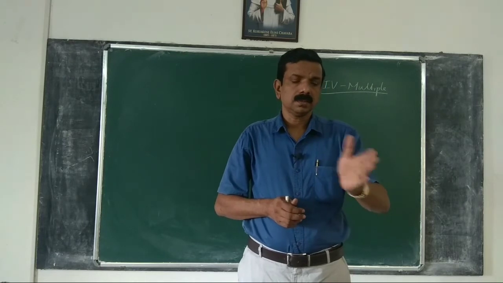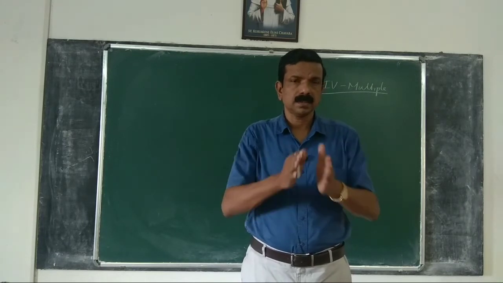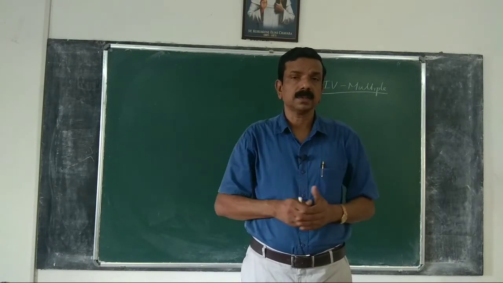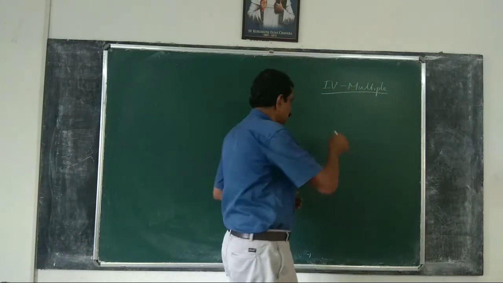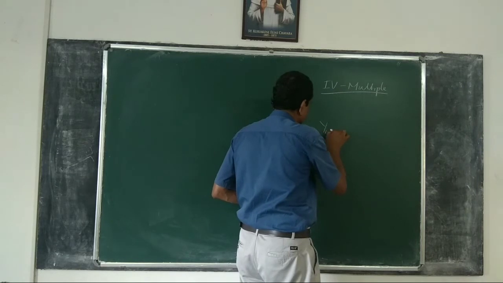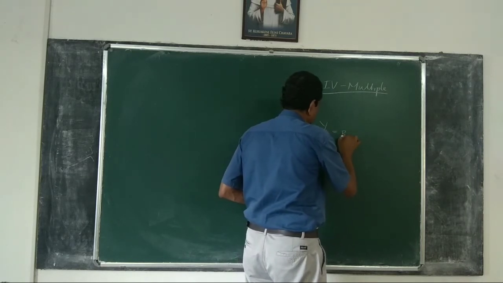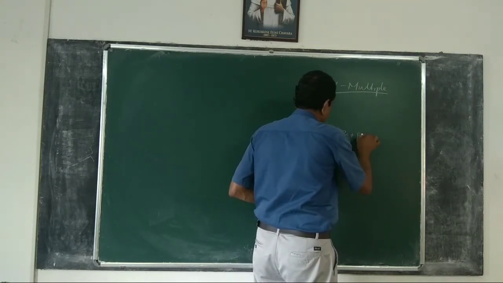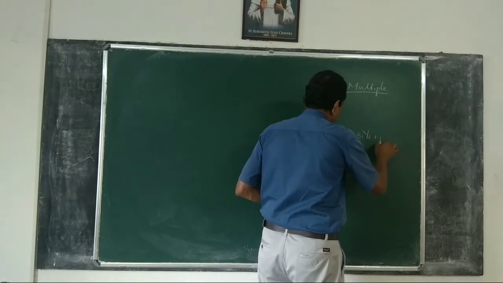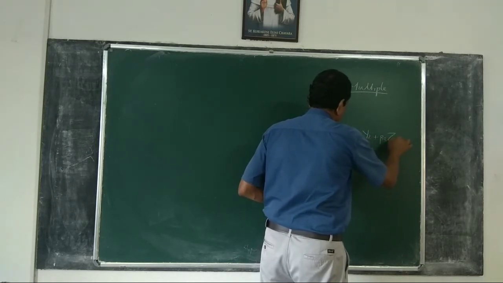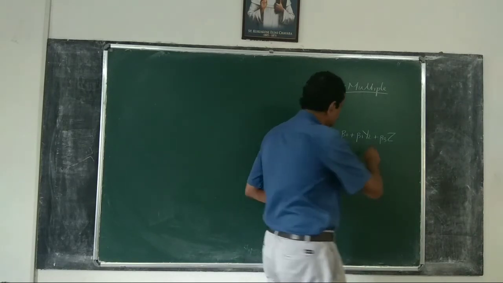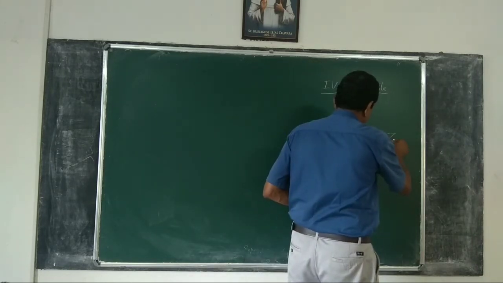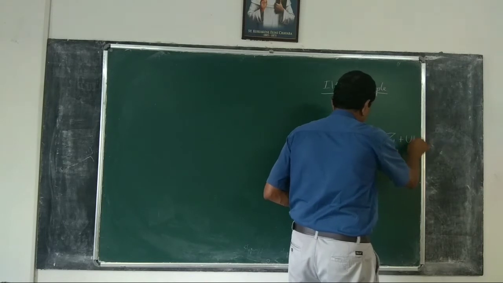The other one is exogenous in the sense that it is not correlated with the error term. Now, the model is y1 is equal to beta 0 plus beta 1 y2 plus beta 2 z1 plus u1.